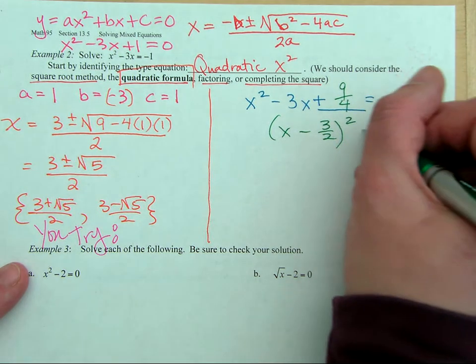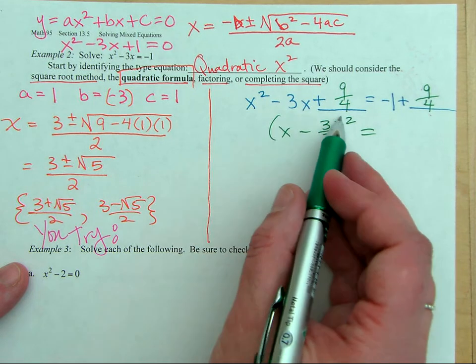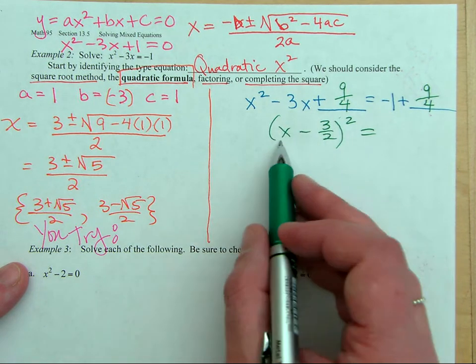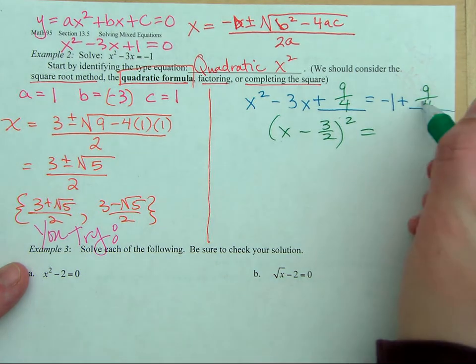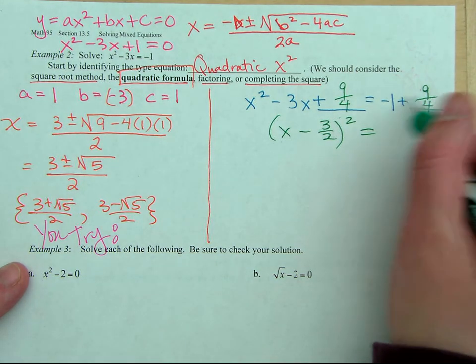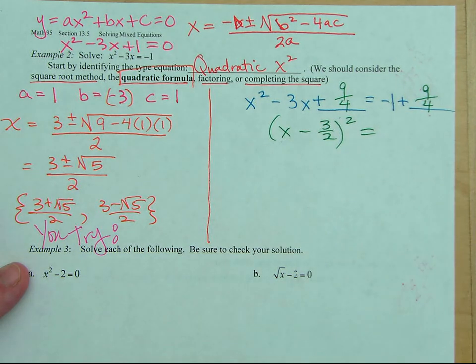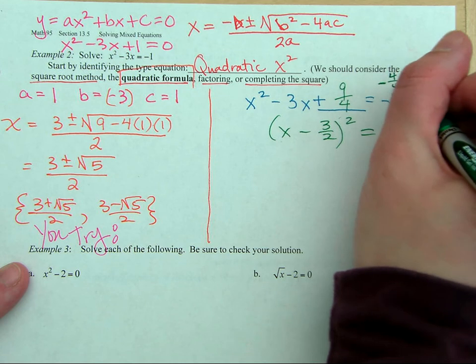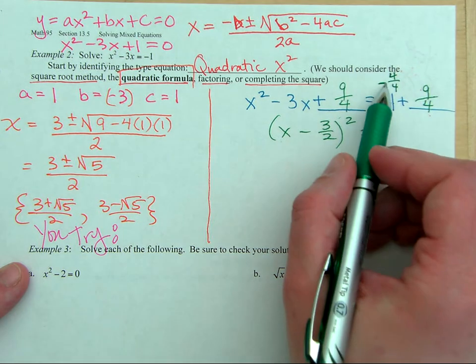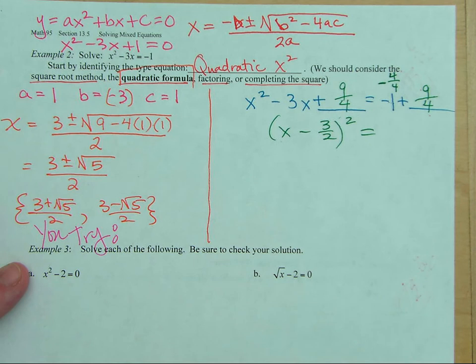That factors, right? So the whole reason why we did that is so that we could factor it this way. Now, if I have this, what do I have to do in order to add a fraction to a whole number? Isn't this the same thing as negative 4 over 4? What's negative 4 over 4 plus 9 over 4?